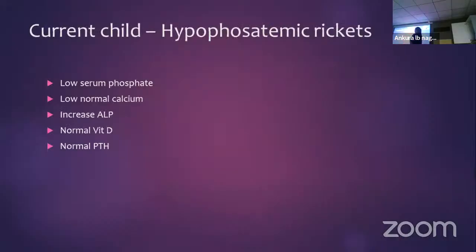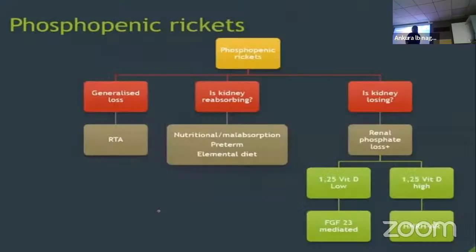In our child, the findings were low serum phosphate and low normal calcium with increased ALP and normal vitamin D and parathyroid. So we suspected hypophosphatemic rickets, and in that, if there is phosphate loss, we next decided to check whether renal absorption is present or not.